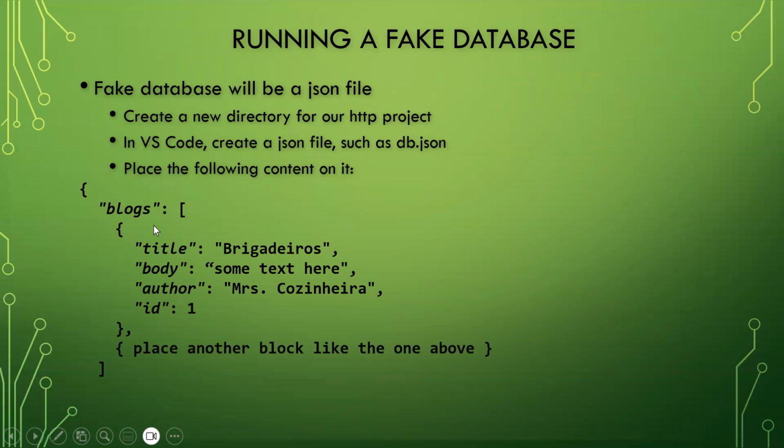In this example, it's like blogs. So the blog has a title, a body, an author, and an ID. And then you can put multiple blog objects. You use a comma here and then create another blog right there and so on. Then you get an array of blogs. That's what we are going to do.